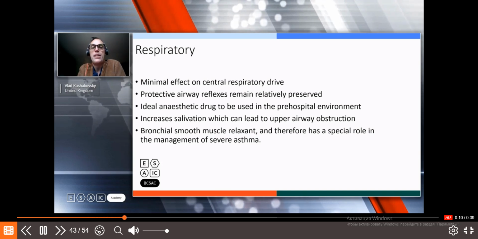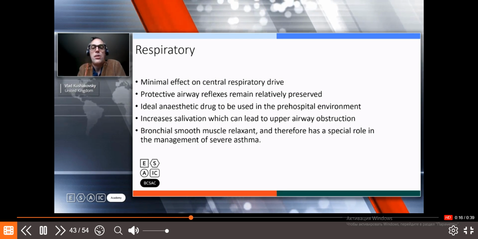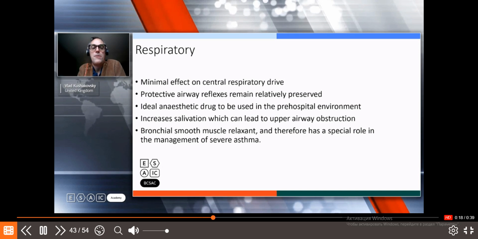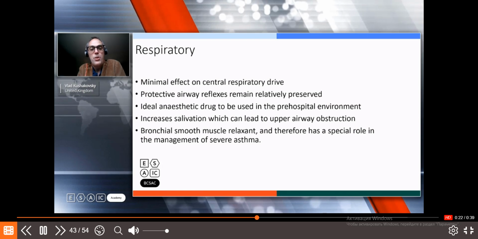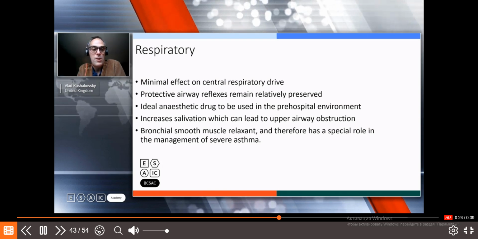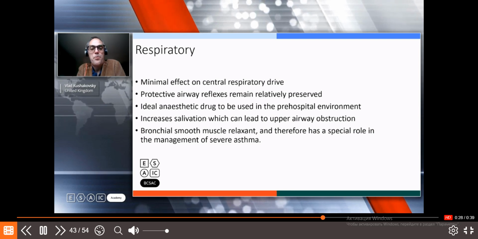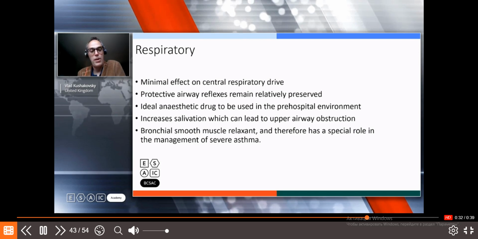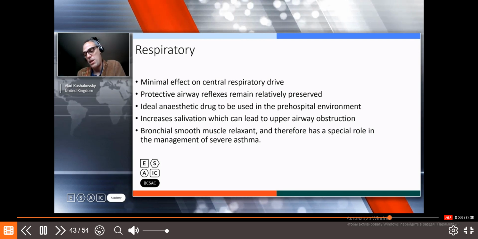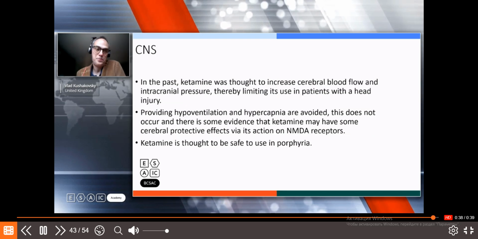The airway reflexes remain largely preserved, and therefore it's an ideal drug to use in the pre-hospital environment. It however increases salivation, which can lead to upper airway obstruction. It is a bronchial smooth muscle relaxant, and therefore has a special role in the management of severe asthma or other bronchospastic reactions.